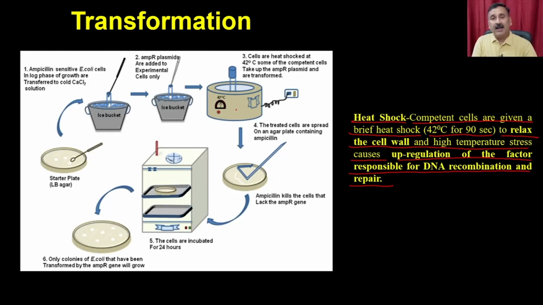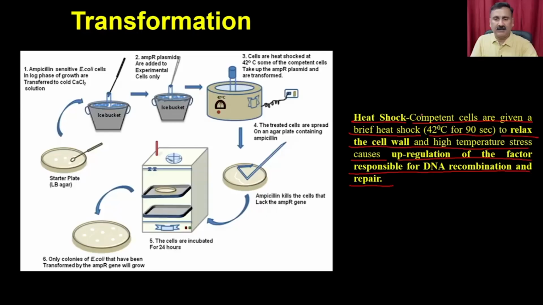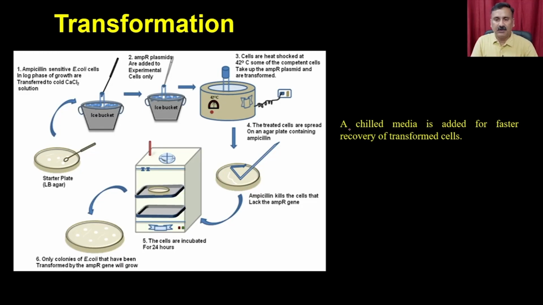Because you are providing the heat shock, it also induces the production of the cellular machinery responsible for DNA recombination and repair. That is a very important event, because even if the cell has taken up the DNA, if it cannot recover from the damage, then the cell is going to die.